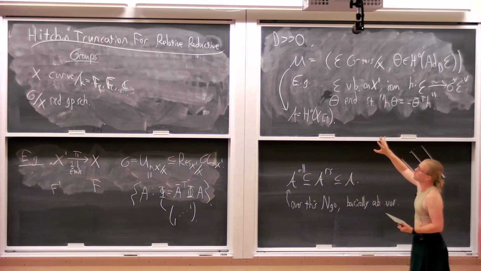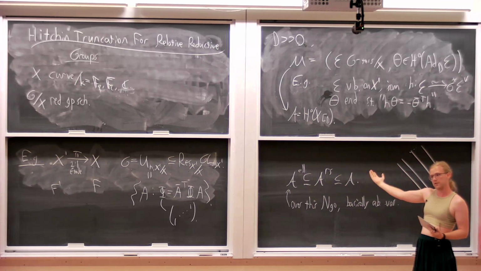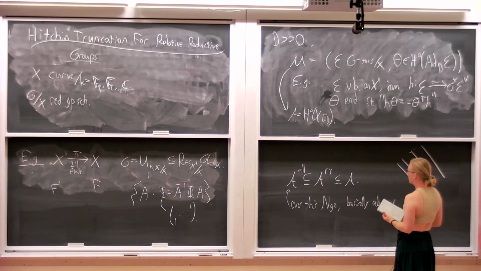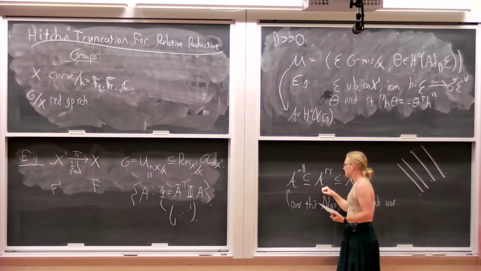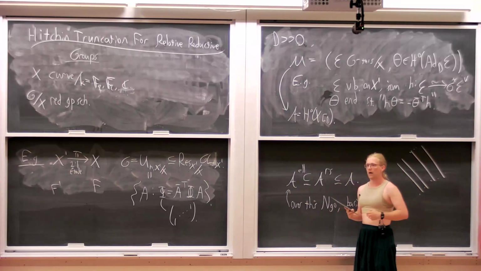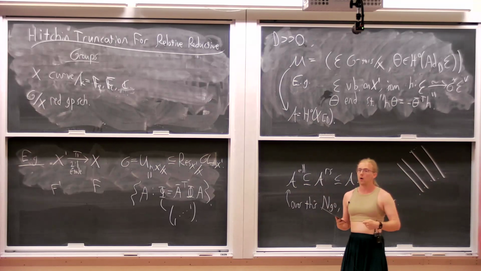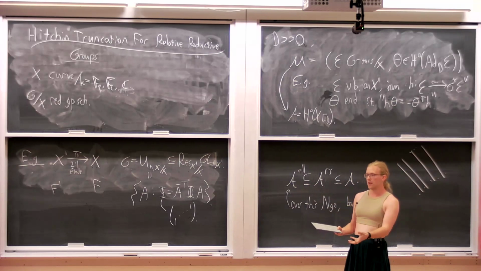So far, I've imposed no kind of stability or semi-stability conditions. But the insight of Chaudouard and Laumon was that the complement of this locus is in some way controlled by bundles that admit parabolic reductions, that admit stable subspaces.